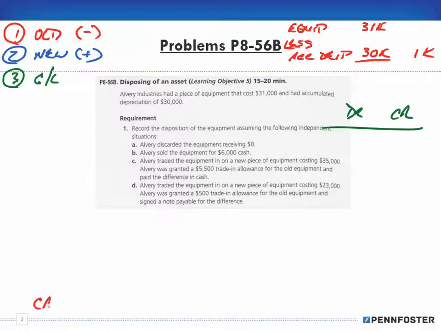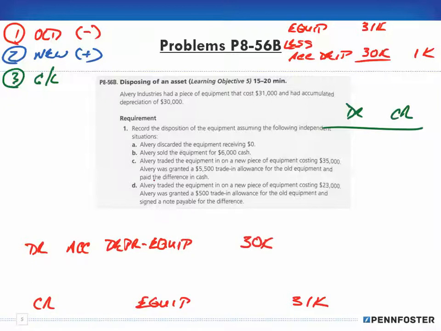I had a credit to equipment because I'm taking it off, 31,000, and I had a debit to accumulated depreciation for 30,000. Right now, number C says Avery traded the equipment in on a new piece of equipment costing 35,000.